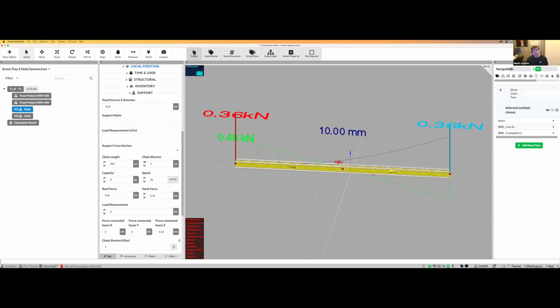If I'm now moving up, you see when you move up the truss, it does not have any impact on the loads in the calculations, which is pretty neat, because this basically means if you have only two supports, depending on how the truss is running, it doesn't really make a difference in the calculation.